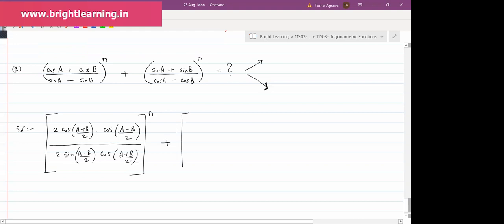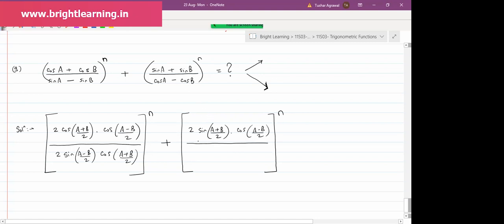Now here, sin A plus B, this comes twice sin of A plus B by 2 into cos of A minus B by 2, divided by denominator cos A minus cos B. Now cos A minus cos B, this identity is a little bit tricky. Minus 2 sin of A plus B by 2 into sin of A minus B by 2.